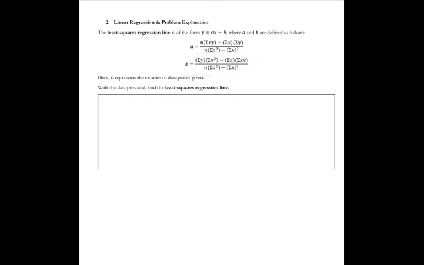Let me see if I can. I'm just going to make up some data. Say we're looking at pH versus the bacteria count, how much bacteria we have. Say the pH goes 2, 3, 4, 5, 6.